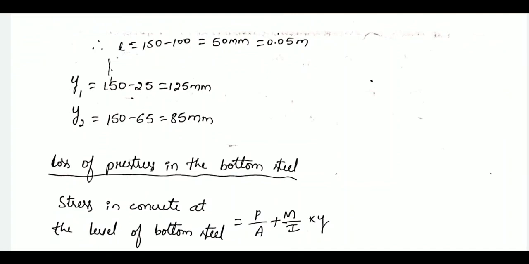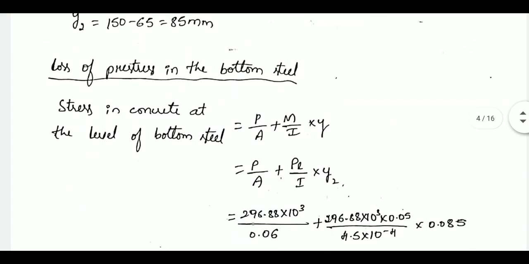So those 3 cables are located 125 mm away or above the centroid of the section, and y2 similarly, 15 number of cables are located below the centroid of the section by about 85 mm. So those values we need to substitute.